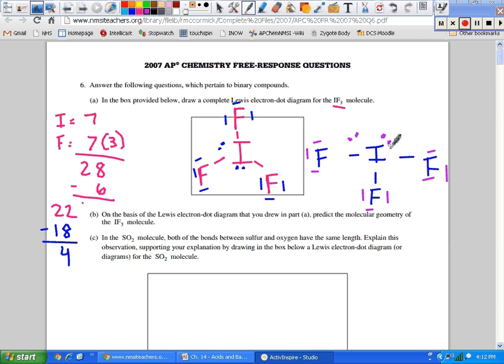That's exactly what shape it is. It's a T shape. It legitimately is. And that was what I was getting at. The next question was, on the basis of the electron dot, what is the shape? It really is T-shaped.